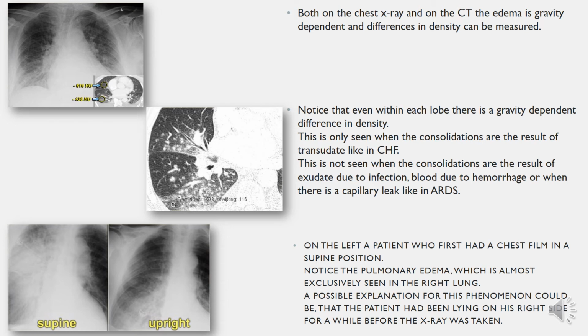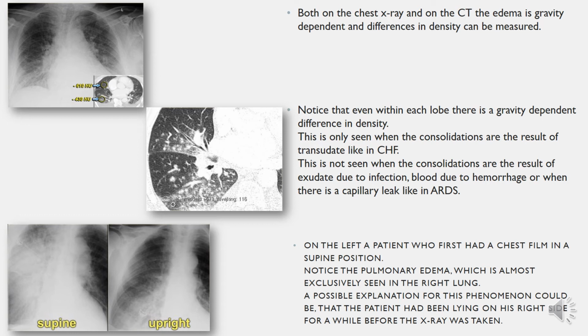Regarding the second image, notice that even within each lobe there is a gravity-dependent difference in density. This is only seen when the consolidations are the result of a transudate, like in congestive heart failure. But this is not seen when the consolidations are a result of exudate due to infection, blood due to hemorrhage, or when there is a capillary leak, like in ARDS.